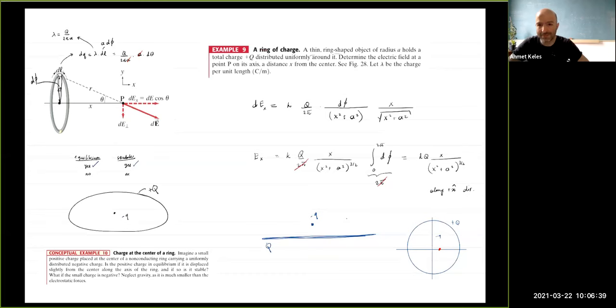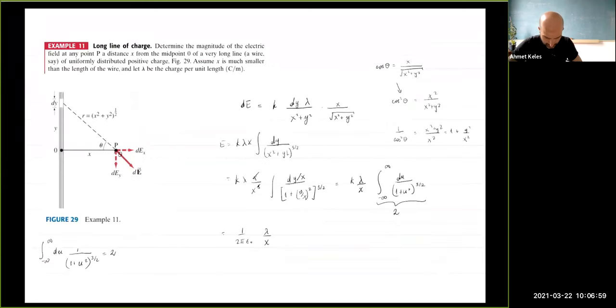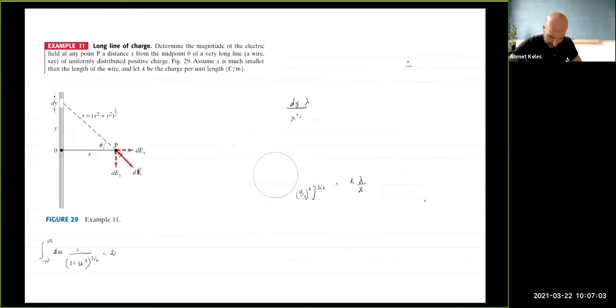Good job. Let's do this line. Okay, I'll delete this. Suppose you have a line like this, a long line of charge. Determine the magnitude of electric field at any point P, right here, a distance x from the midpoint of a very long line, a wire, let's say, of uniformly distributed positive charge, like this figure.